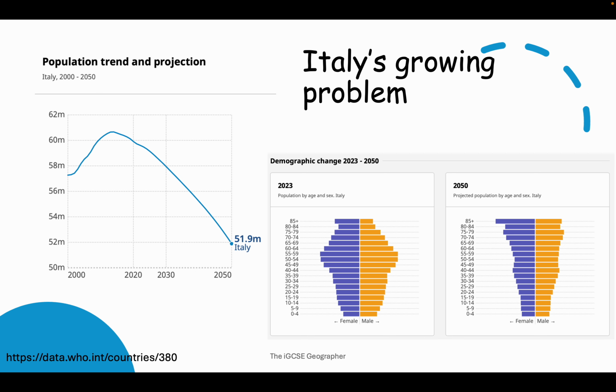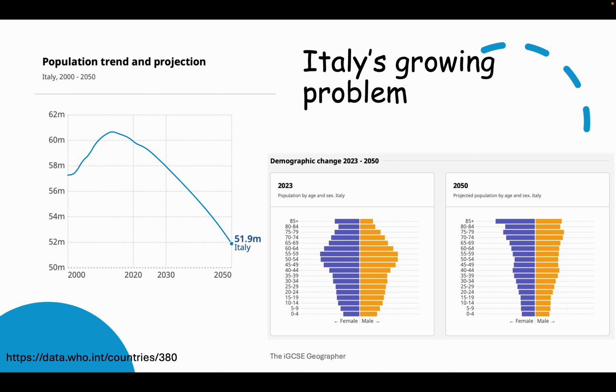We're going to briefly focus now on population data relating to Italy. Before I show you this data, I just want to give you some context as to Italy's growing population crisis at the moment in terms of its dependency ratio. As you can see, this is taken from the World Health Organization.